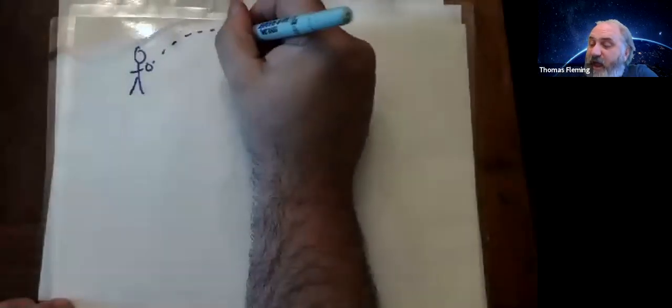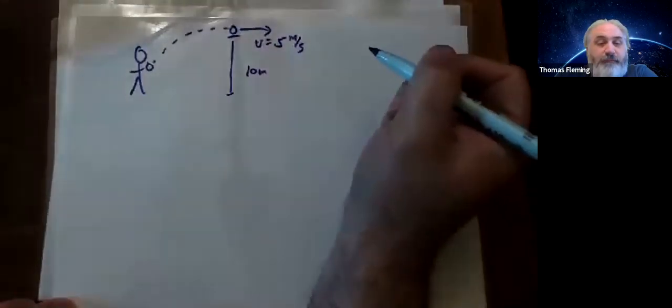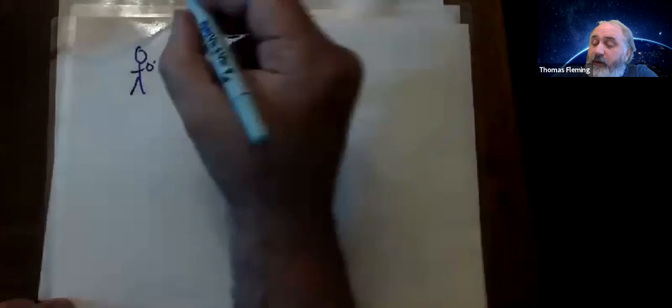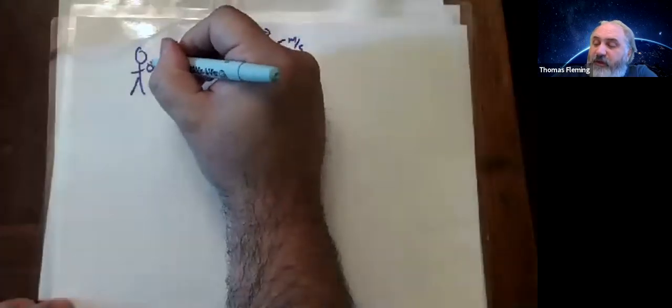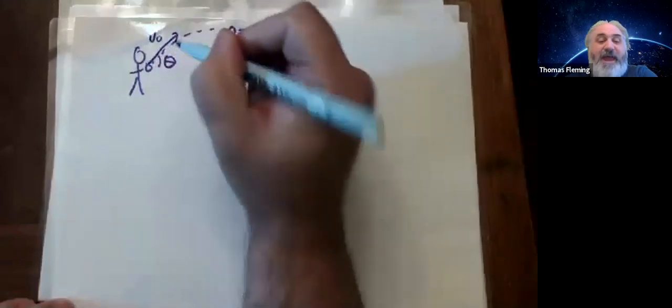And maybe it's at a height of, I don't know, 10 meters. He must have thrown it with some starting velocity and at some starting angle, but I don't necessarily know what those are.